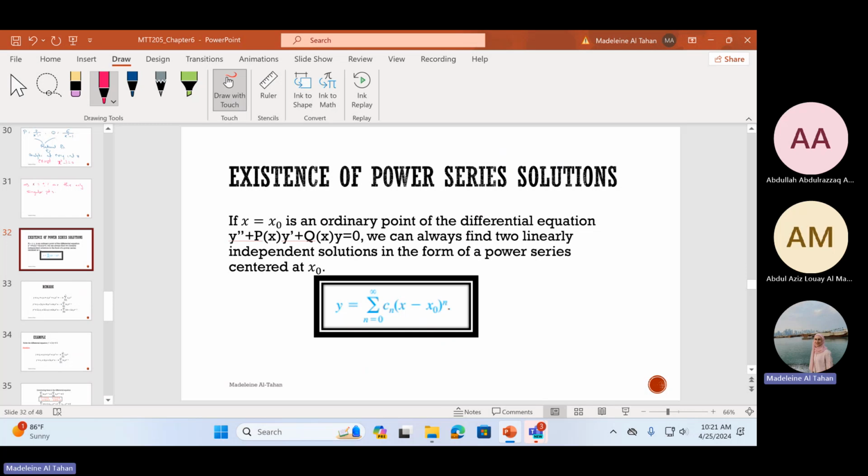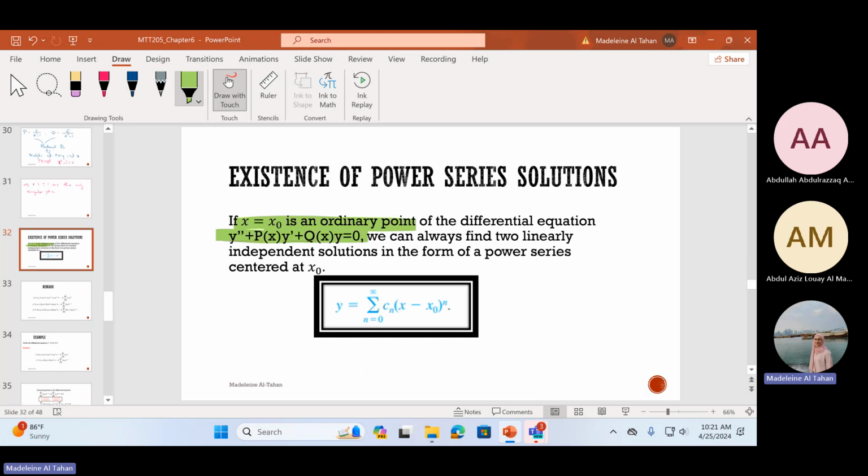So the power series method: if we have a differential equation of this form, y double prime plus p of x y prime plus q of x y equals 0, and x equals x1 is an ordinary point. If it's a singular point, I cannot apply the power series solution method. Then we can apply the power series solution method.